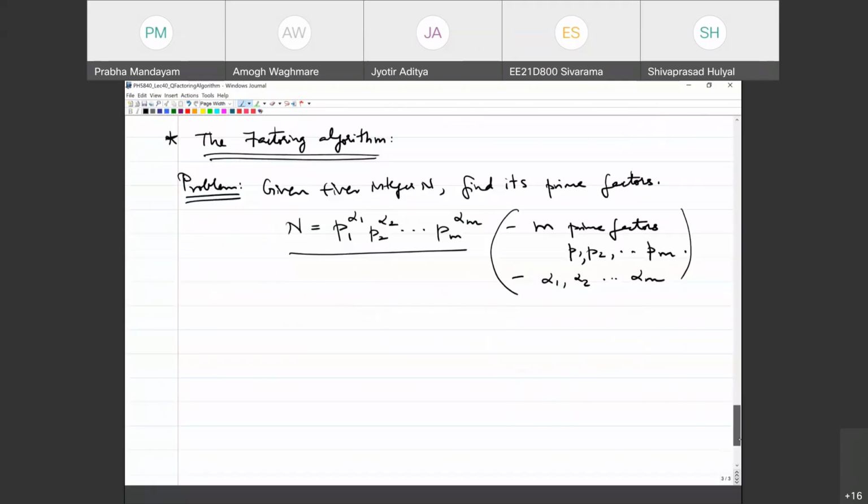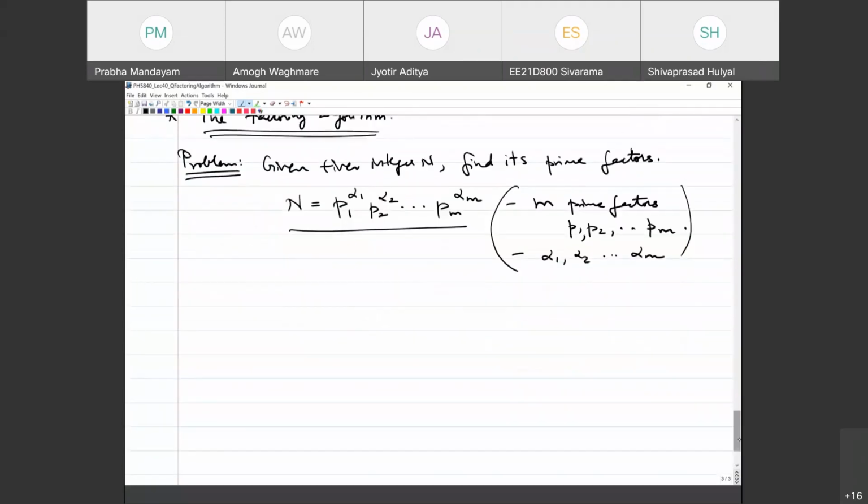So again, you will notice that most of the steps of this algorithm are classical. The key step for which you get a quantum speed up is the order finding step. I will not get into proving some of the theorems, but I will merely state the steps. So how would you typically find the prime factors? Well, of course, the obvious thing to do is to check whether the number is even or odd. So check if n is even.